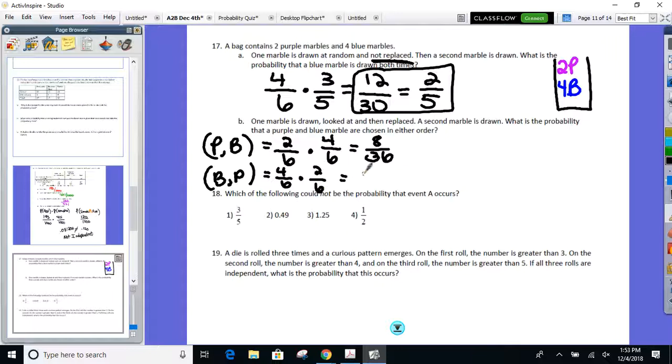It is going to be the same, but 8 out of 36 is not my final answer. Because I need the total probability here that I get one of each. So yes, I got to combine them together to get 8 out of 36 and 8 out of 36. 16 out of 36, or don't tell me, 4. So that'd be 4 out of 9. Yeah, don't need a calculator. Human one up here.